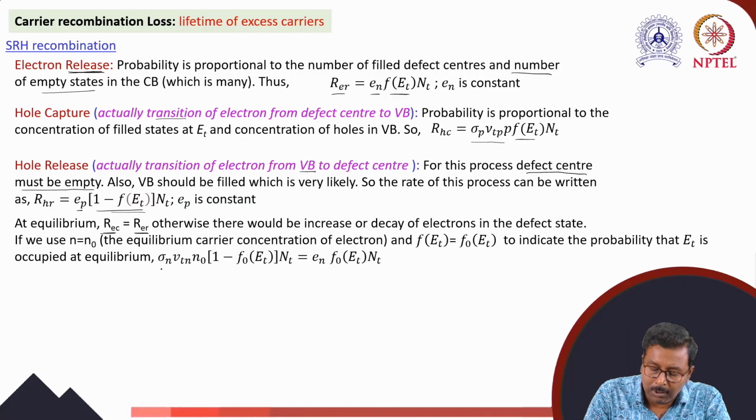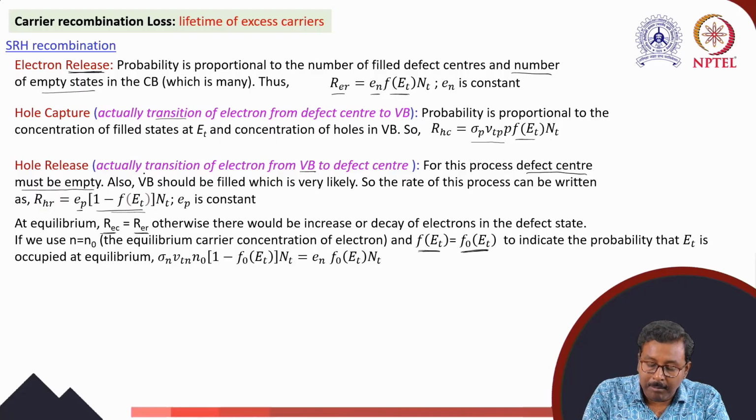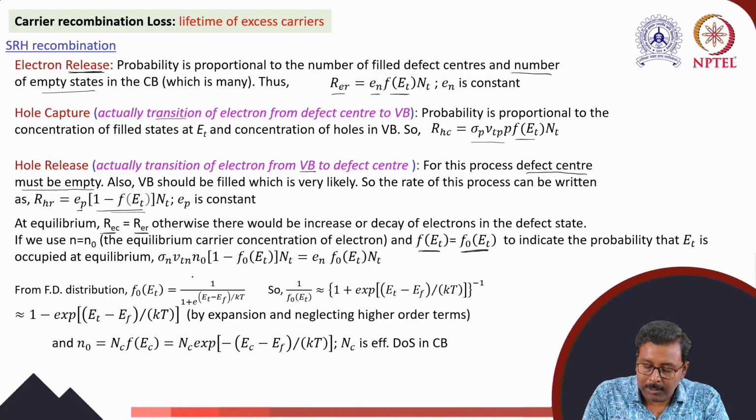If you equate these expressions, you can reach this expression. Now we can write the simplified expression by considering that F of Et is F0 of Et, the equilibrium condition. Equilibrium is denoted by suffix 0. So F of Et is replaced by F0 of Et. Then by equating REC and RER, you can get this expression.